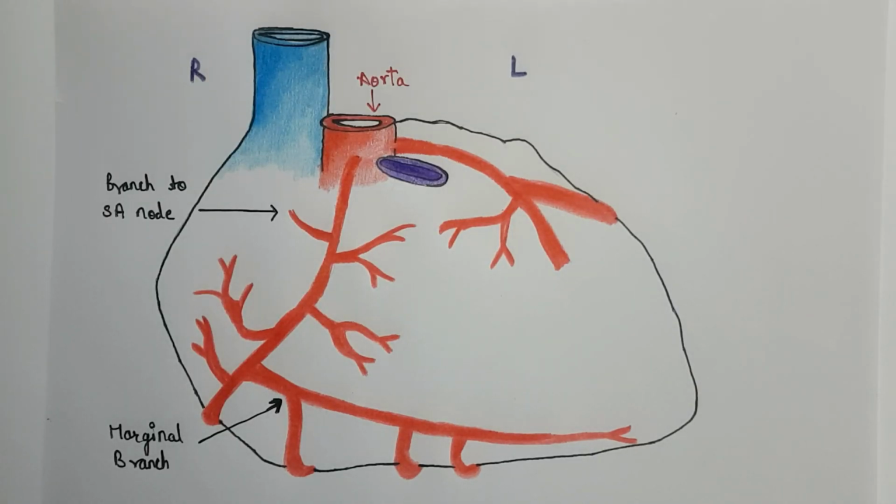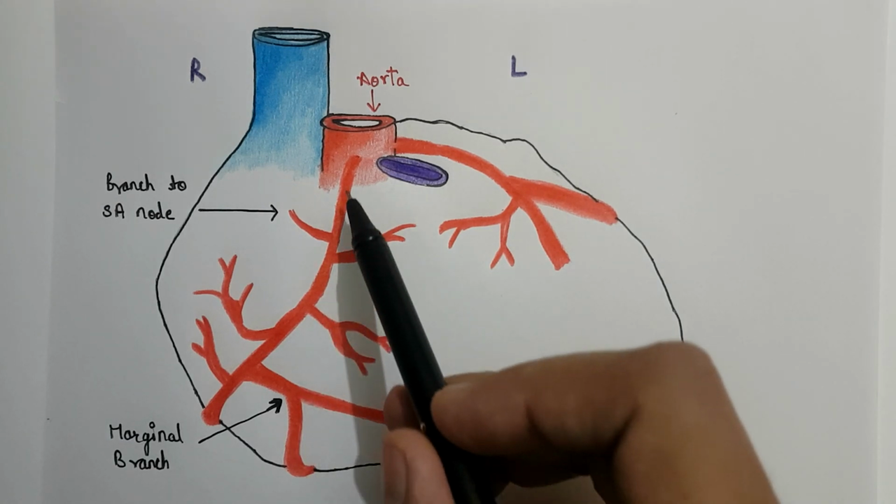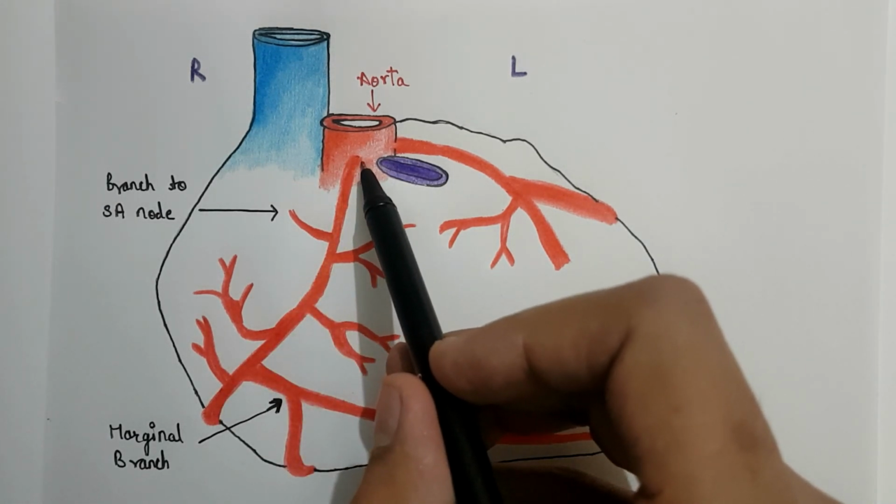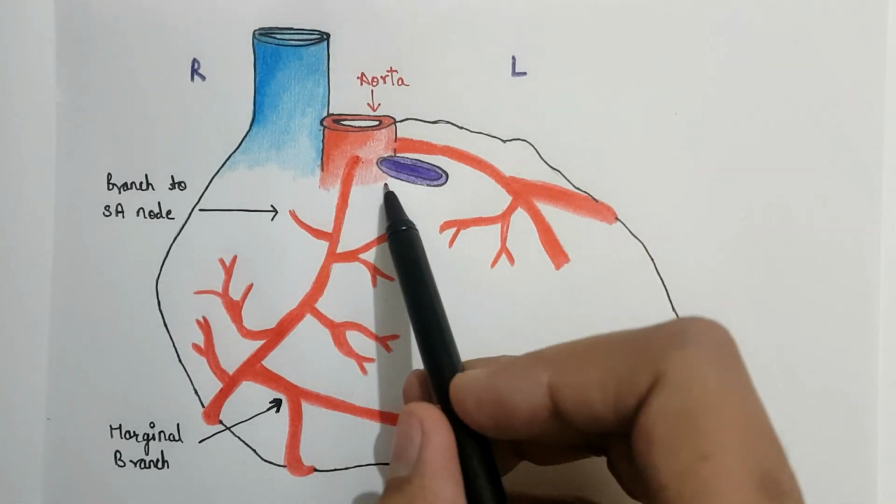As we all are aware, the left coronary artery is larger than the right coronary artery. Now talking about its origin, it arises from the left posterior aortic sinus of the ascending aorta. This is the right coronary artery arising from the anterior aortic sinus of the ascending aorta.